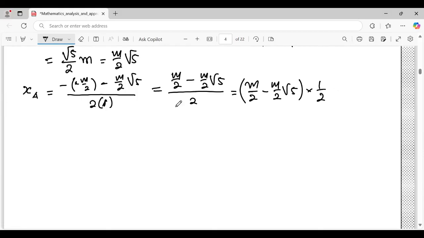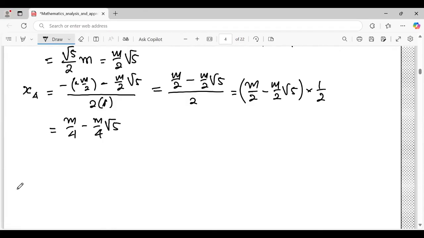So it becomes m over 4 minus m over 4 square root 5.